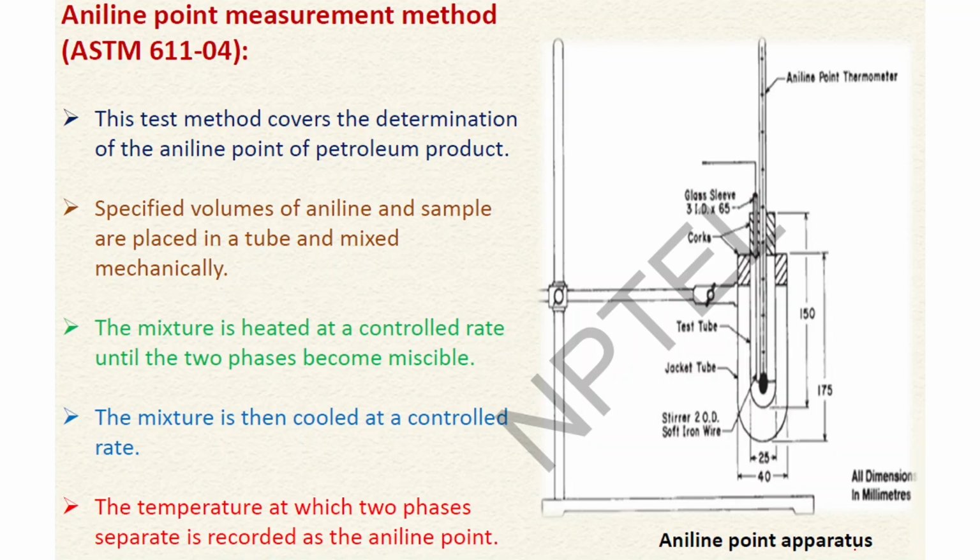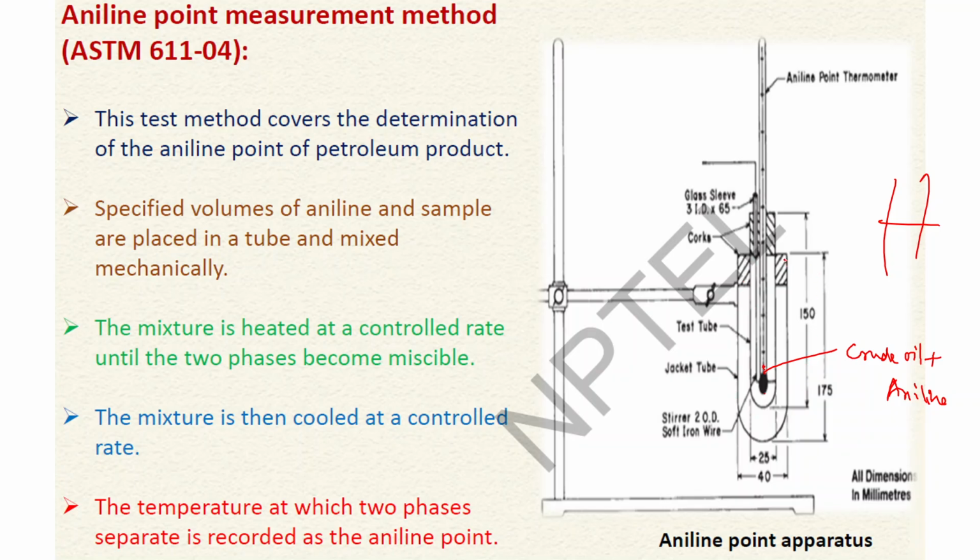In this test tube, a mixture of crude oil and aniline is taken, which will basically form two phases. Now it is heated, a thermometer is introduced into the mixture and a stirrer is introduced for mixing.